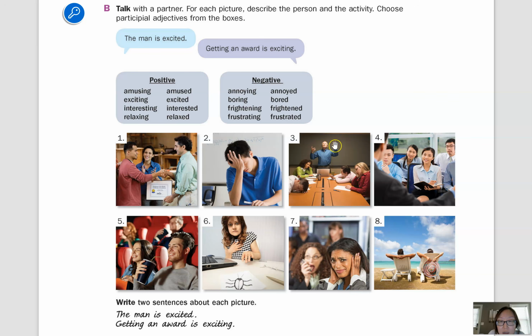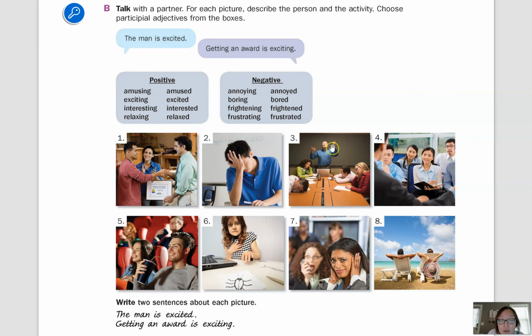We're talking about the teacher being a boring person, and the students feel bored. So you can use ing with people, but you're not talking about the way that person feels. You're talking about the way that person is or acts or feels to you.